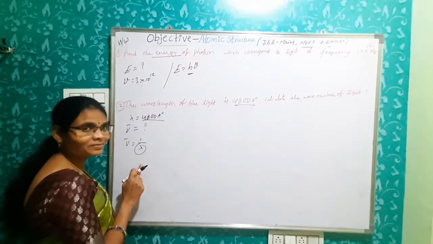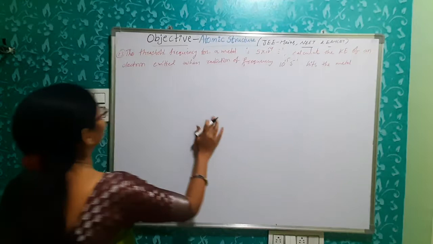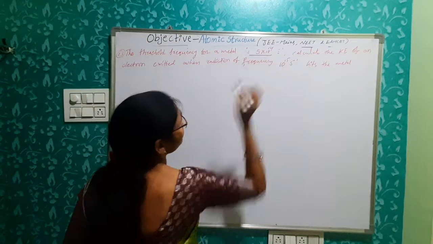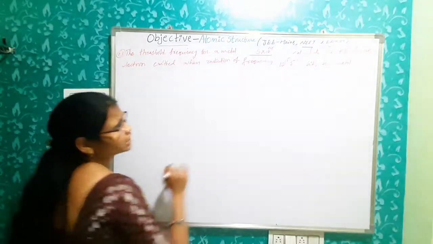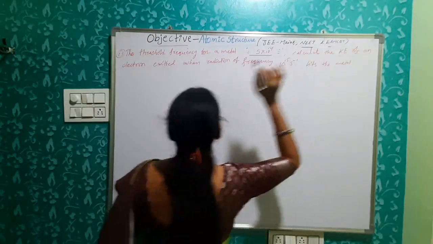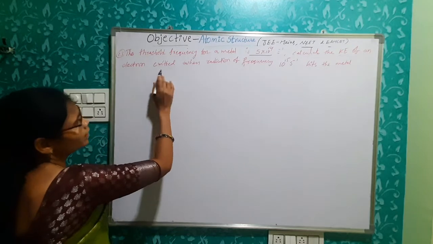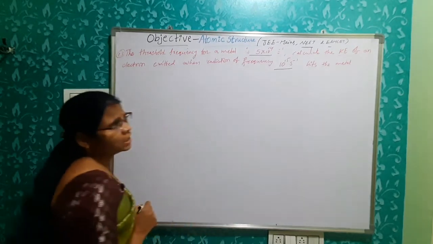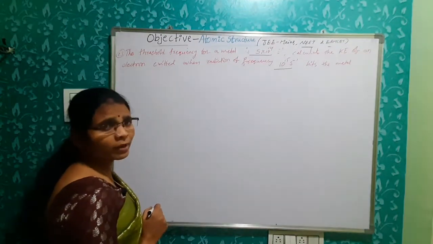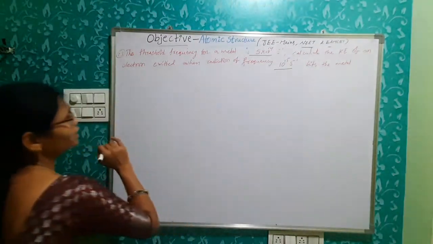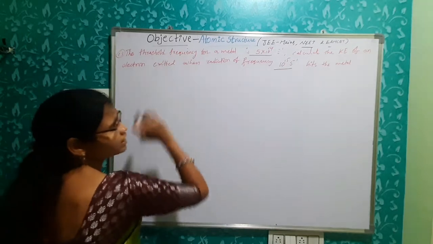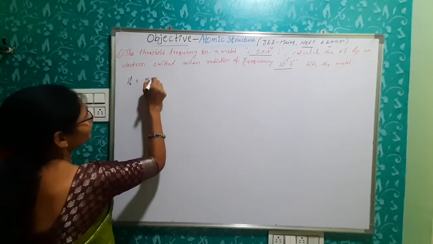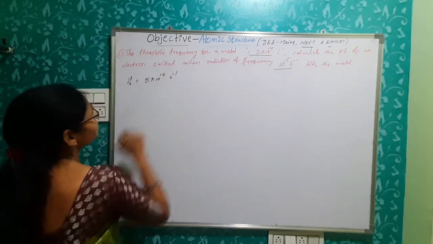Okay. Next problem. The threshold frequency for a metal is 5 into 10 power 14 second inverse. Calculate the kinetic energy of an electron emitted when radiation of frequency 10 power 15 second inverse hits the metal. Simply, the threshold frequency is given as 5 into 10 power 14 second inverse.